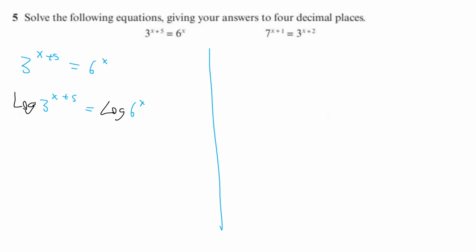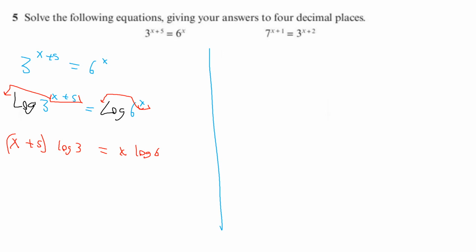That's just another way of solving an equation by performing a function on both sides. Now we can use our log rules to bring both of these down. So this is the same as x plus 5 times log 3 is equal to x times log 6.